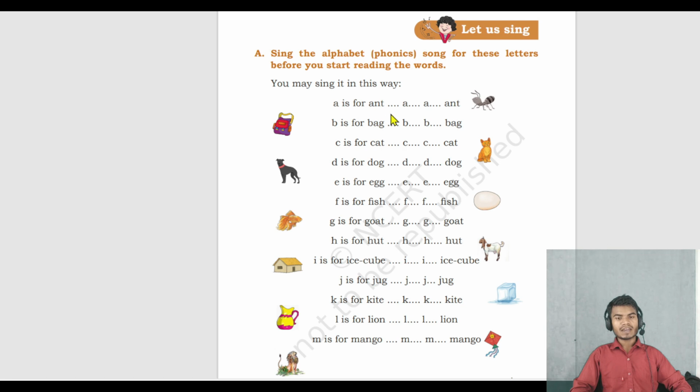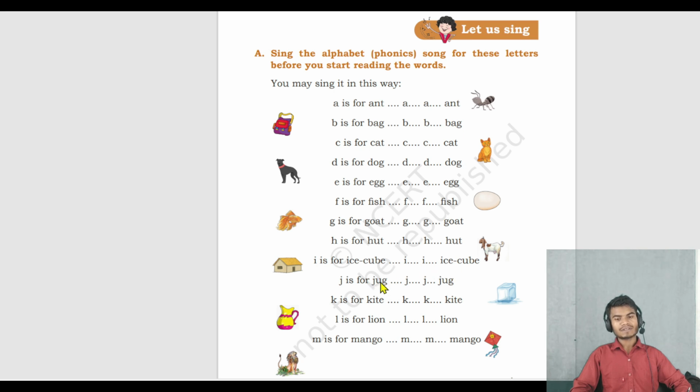A is for ant. B is for bag. C is for cat. D is for dog. E is for egg. F is for fish. G is for goat. H is for hut. I is for ice cube.